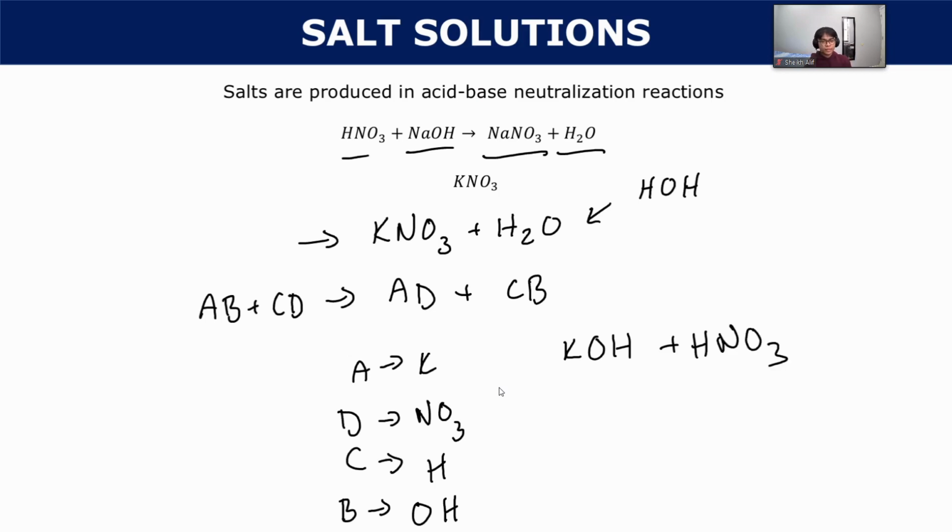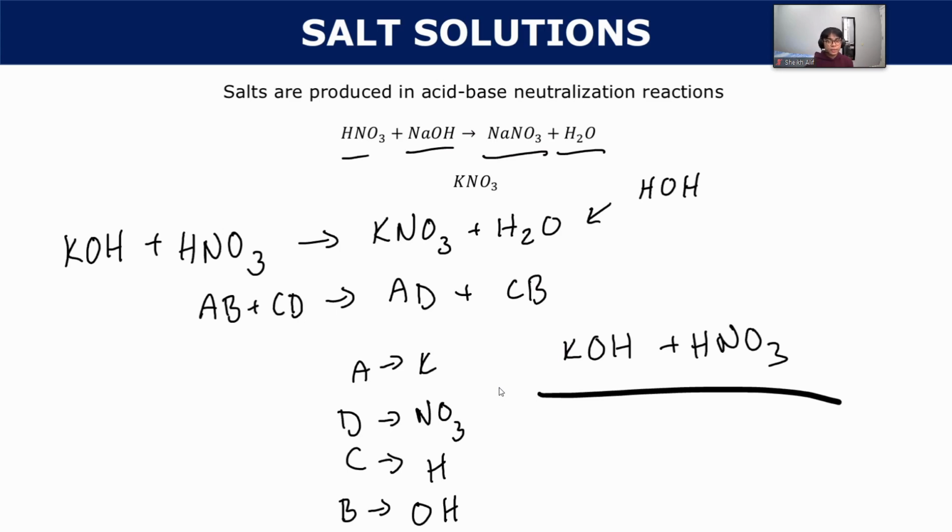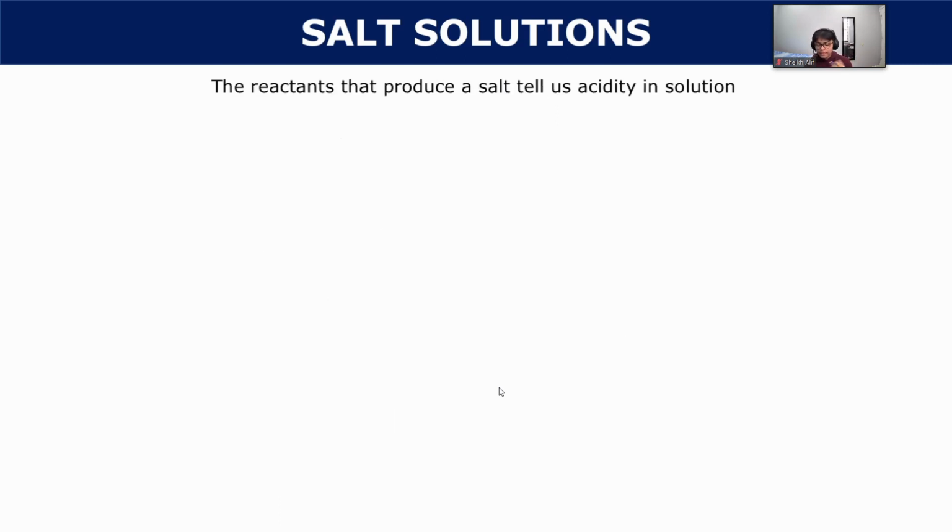So using this reverse double displacement reaction, we can figure out that the reactants that produce this are KOH and HNO3. And so these are acids and bases. And the properties of these acids and bases, the reactants that produce a salt, are going to determine whether or not a salt is going to produce acidic, basic, or neutral solutions in water.